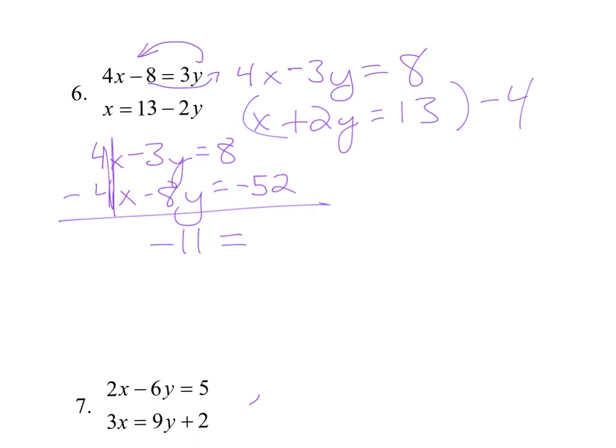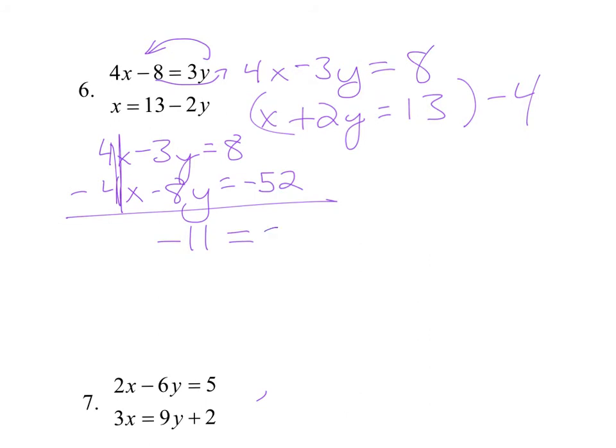Negative 52 and a positive 8 give me negative 44. Yay, that's good because negative 11y equals negative 44. I like that because 44 is a multiple of 11. Divide by a negative 11. Those disappear. I've got y equals 4.